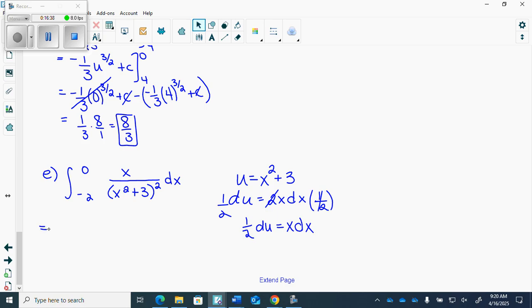So we are going to have 1/2 over 1 plus u squared. 1 over u squared. du. And then I can't just put the 0 and -2, correct? Those are x values. How do I get the u values?